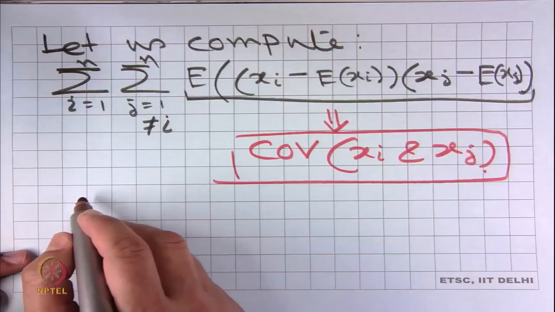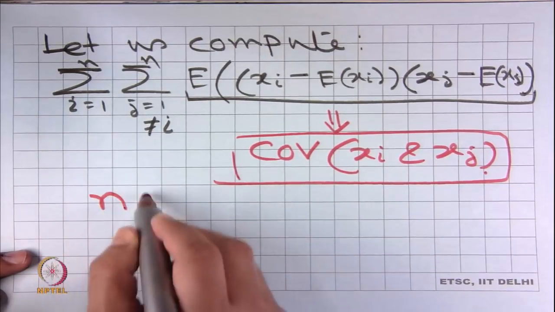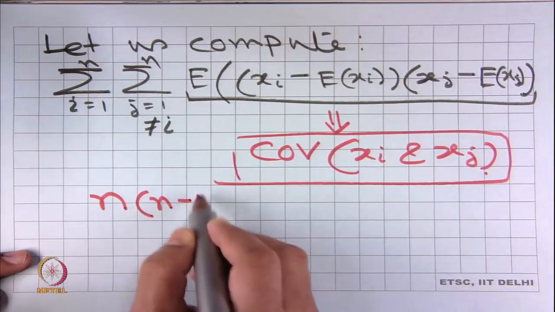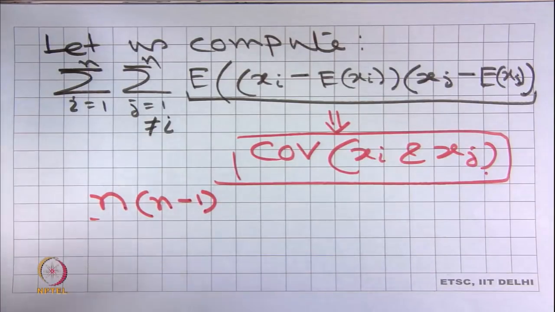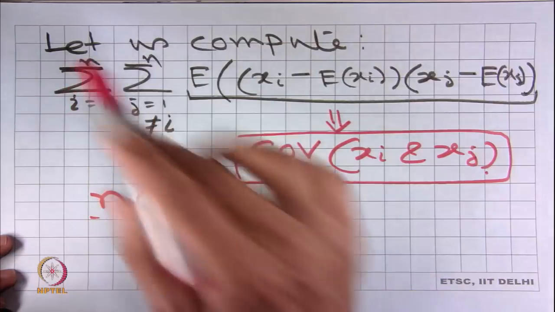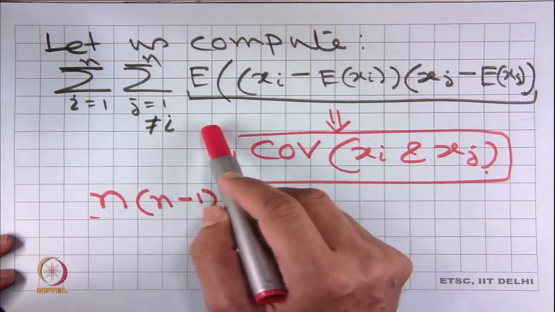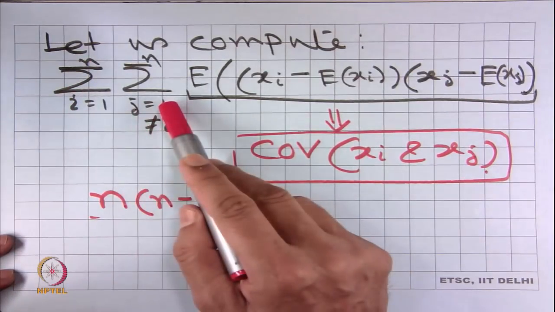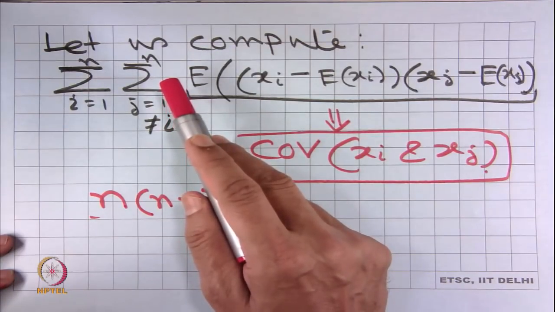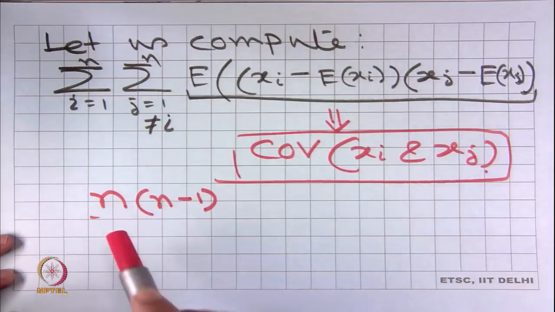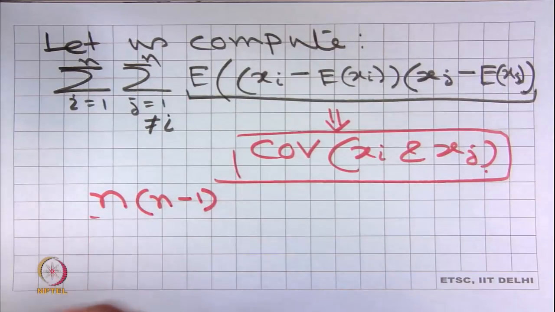The number of pairs is n into n minus 1, right, because I can take all the values from 1 to n. Corresponding to each i, j can take the other remaining n minus 1 values. Therefore, it is n into n minus 1.